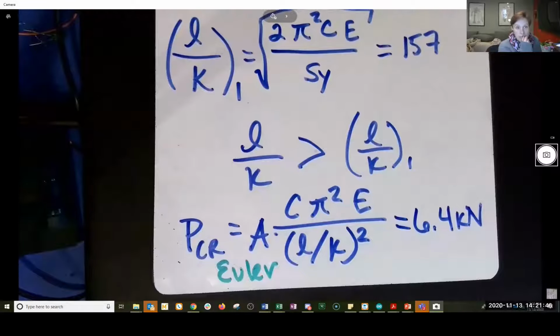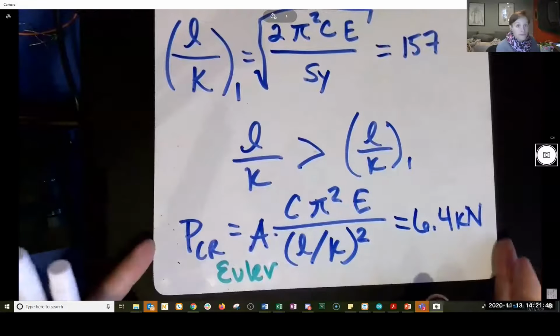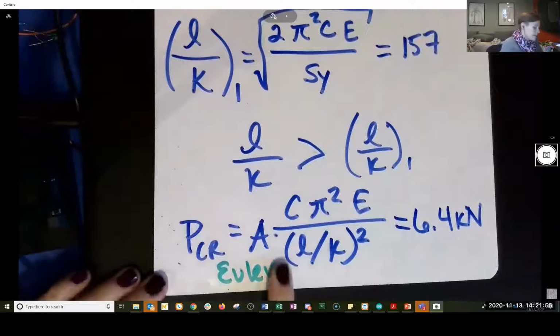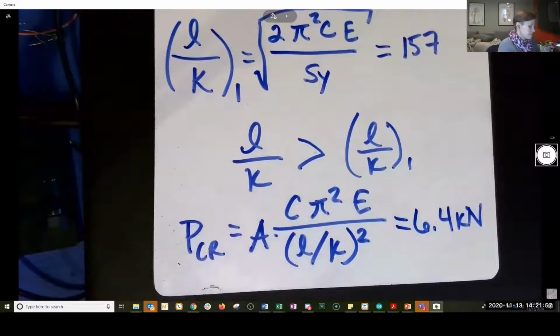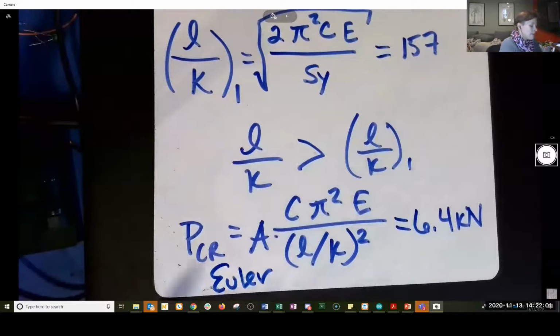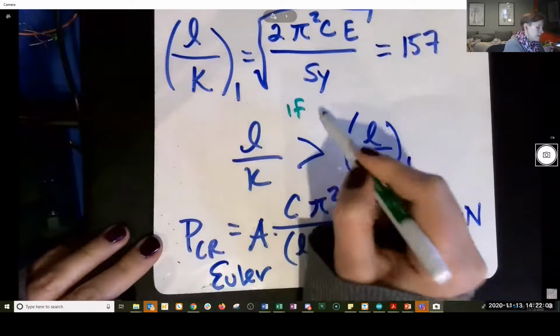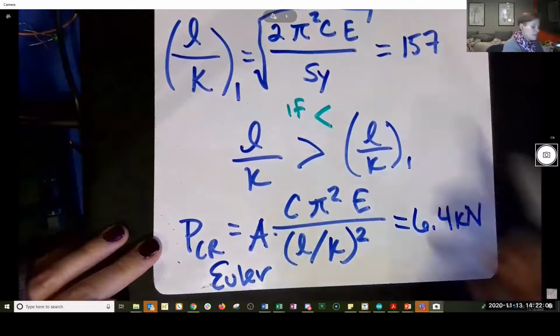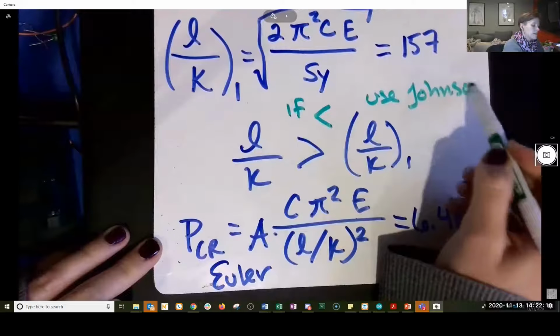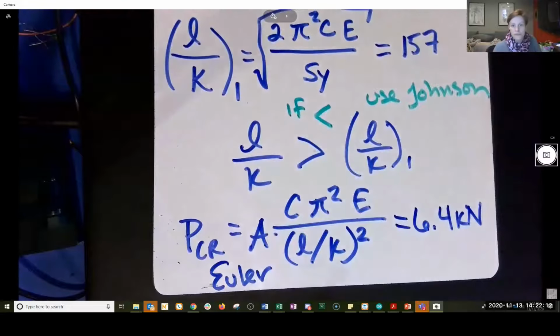Okay, so you said instead of Euler, use Johnson? Let me fix my notation here. So blue is Euler. If this was less than the critical, use Johnson. Right. Okay, just making sure I'm clear here.